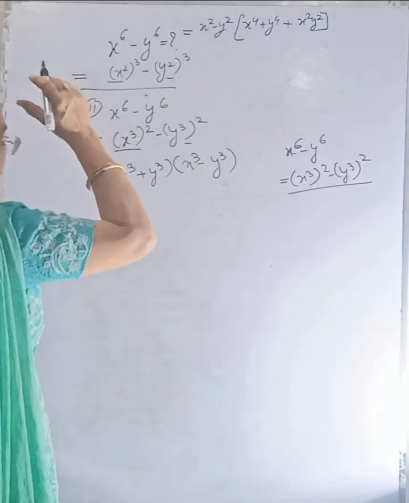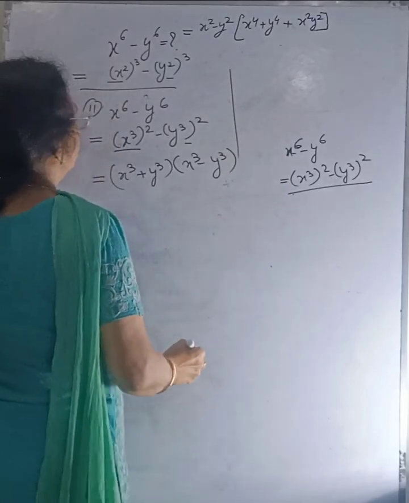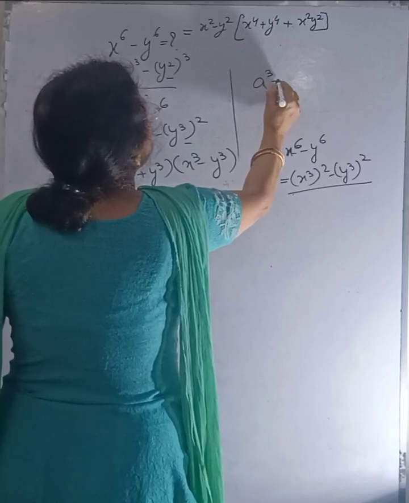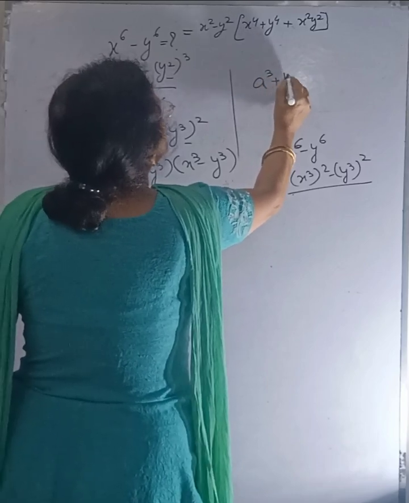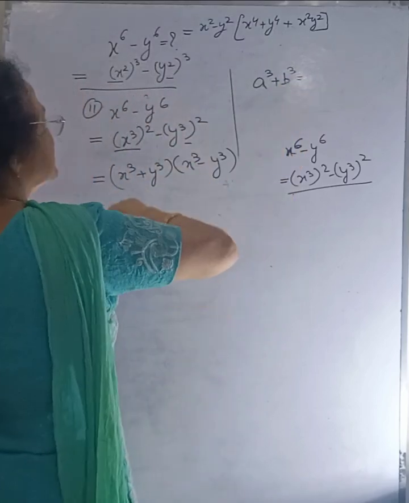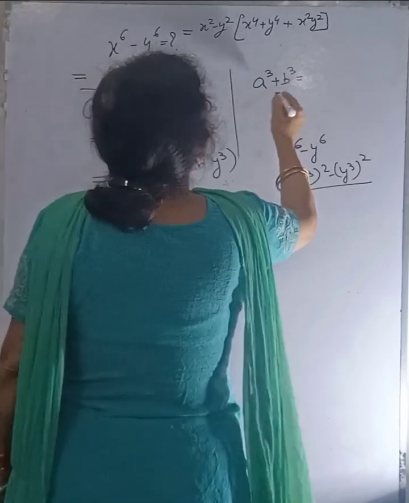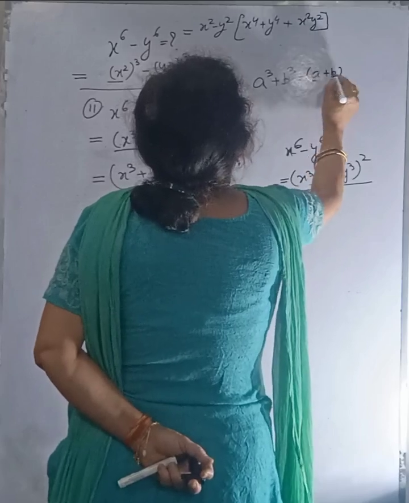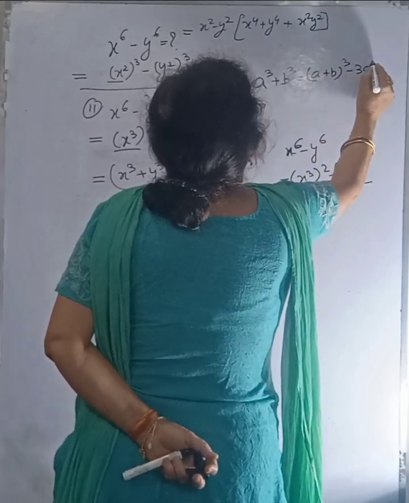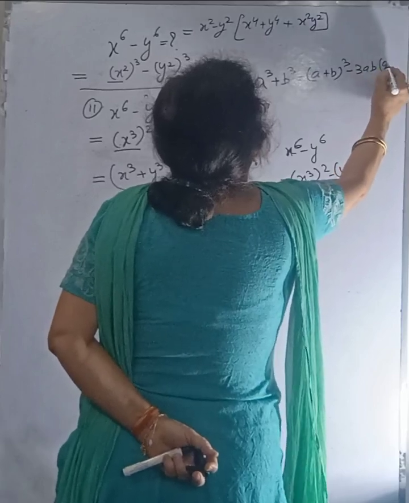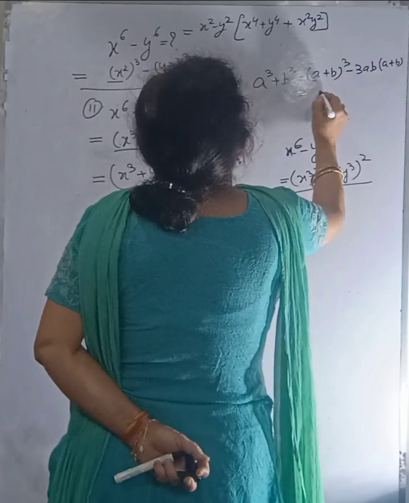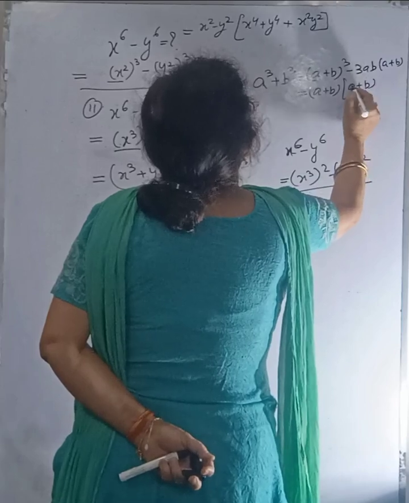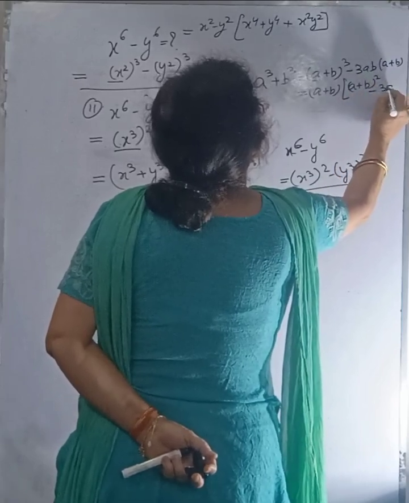Similarly, further we have to keep in mind, we have to memorize that a cube plus b cube, as I have written previously, will be equal to (a plus b) whole cube minus 3 times ab into (a plus b), or we can say this can be written as (a plus b) taken common, then (a plus b) whole square minus 3ab.